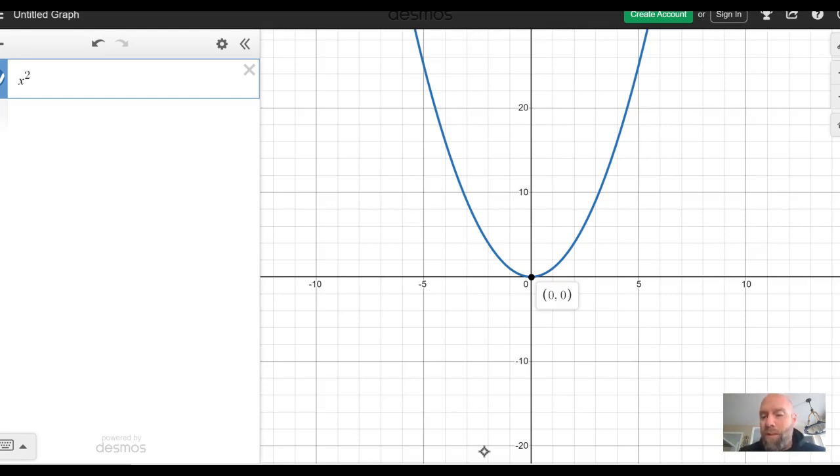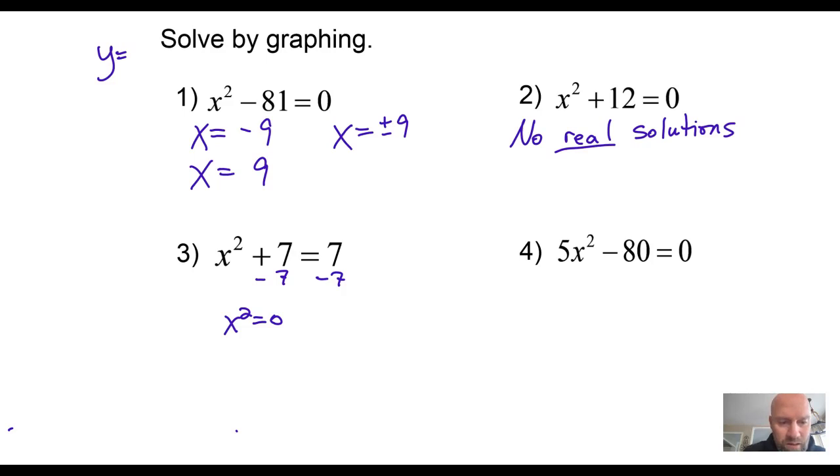We have one real solution because the vertex of our parabola touches the x-axis, and it is at 0. So let's plug that in on our notes. We've got x is equal to 0.